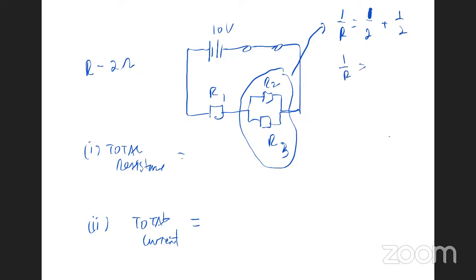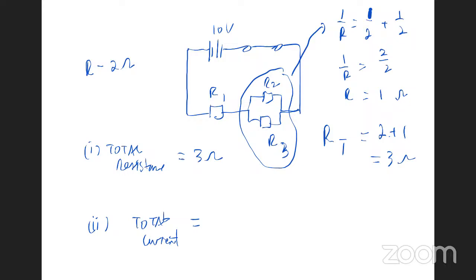So 1 on R is 2 on 2. So when you flip over the R, you will get 1. That's okay? And then we said now to get the total resistance, R1 is in series with the next bit. So you will get 2 plus 1, which is 3 ohms. So the final resistance of all 3 of them will be 3 ohms.